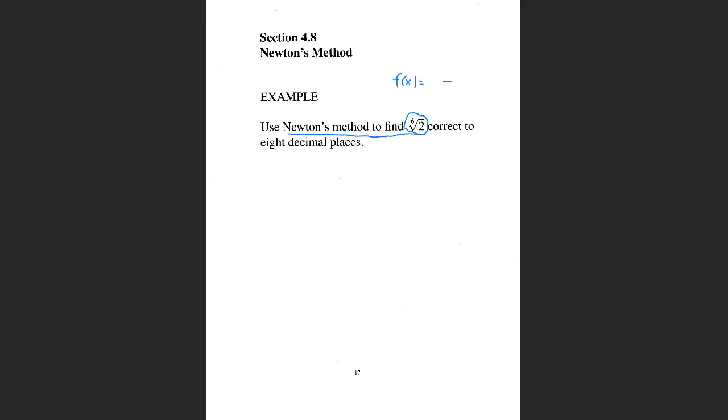What function would have the root, sixth root of 2? I'll give you a hint. There's going to be a 2 here. And now what's going to go here? In that spot.